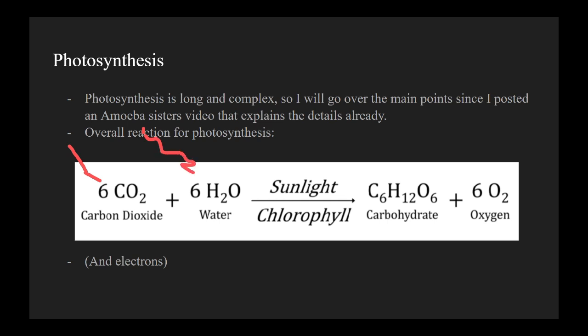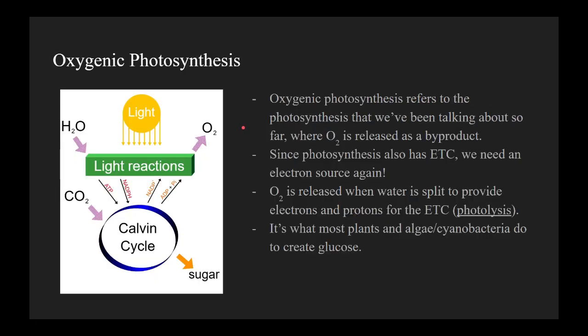We need sunlight to activate this process with energy, and we get glucose plus oxygen. And we also technically need electrons, because the sunlight is actually exciting the electrons and causing them to move down the first electron transport chain at photosystem 2.